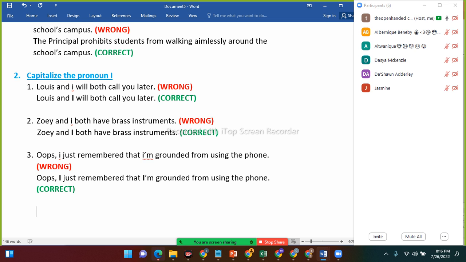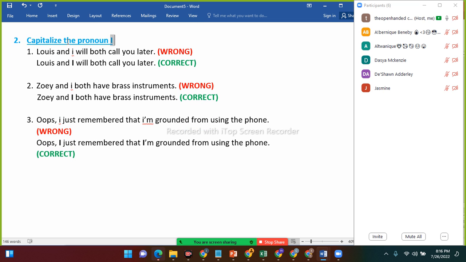The third capitalization rule. This rule says that number 3, you want to capitalize the first letter of the first word in most poetry or most lines of poetry.